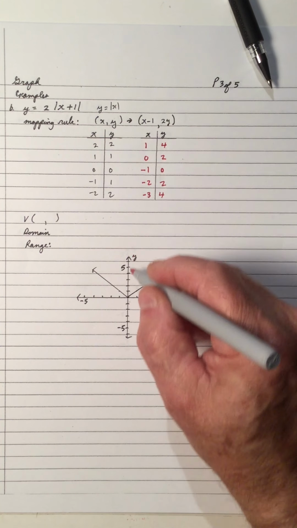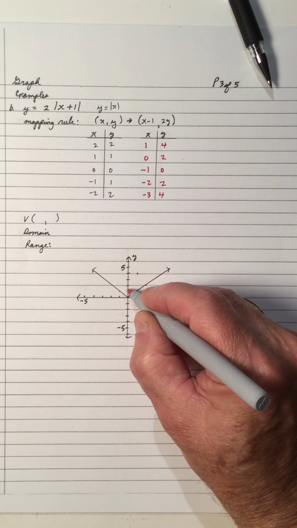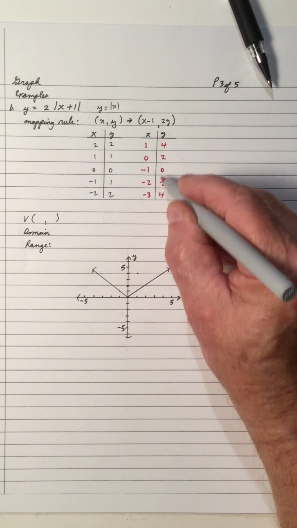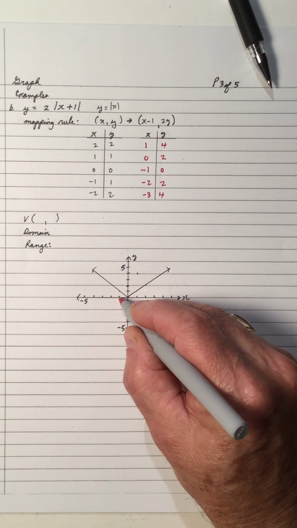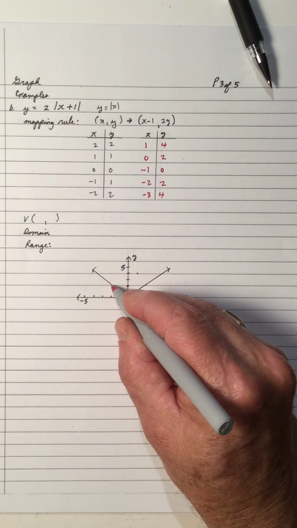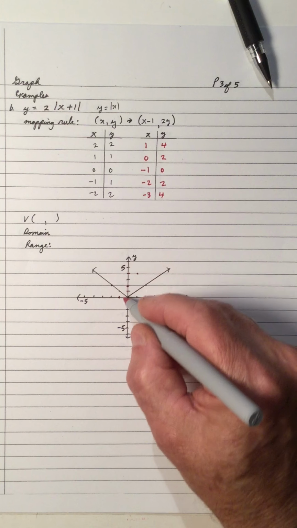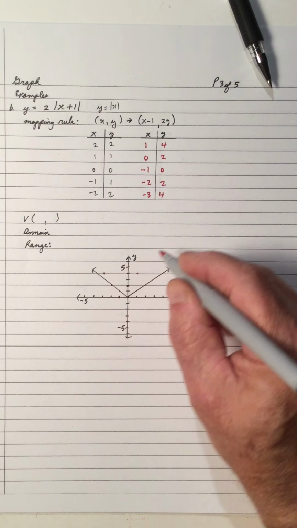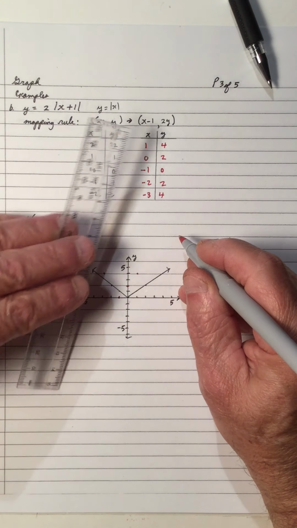And 0, 2. Negative 1, 0. Negative 2, 2. And negative 3, 4. And we'll draw this.